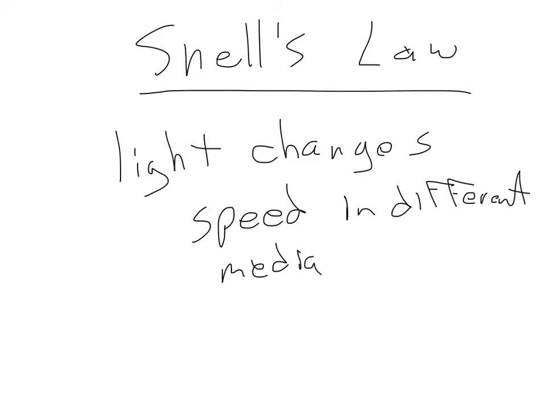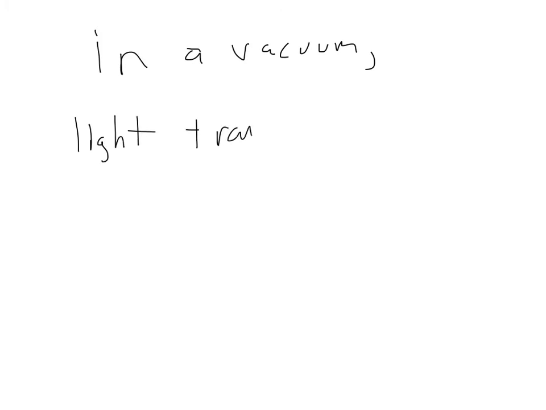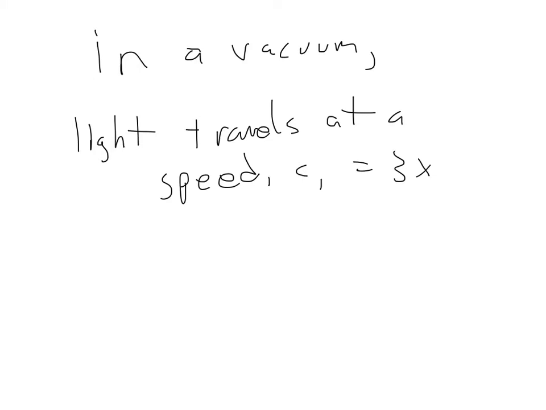Now, in a vacuum, which means in the absence of any gases or air or materials, light travels at a speed which is known as c, which is equal to 3 times 10 to the 8th meters per second.